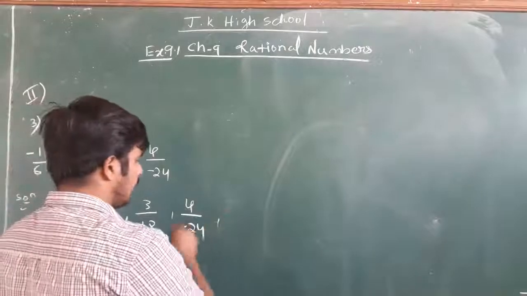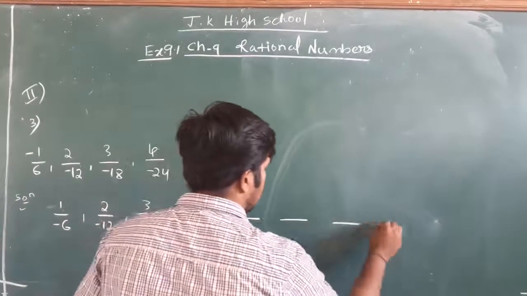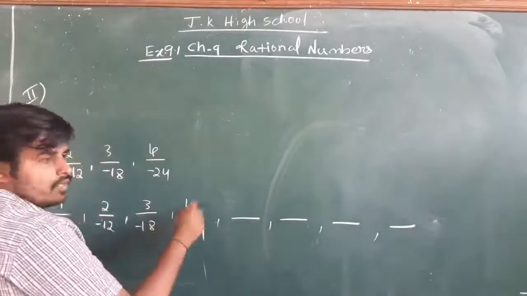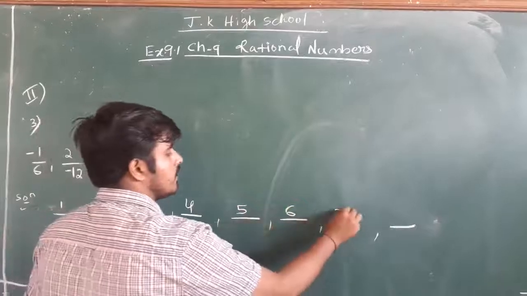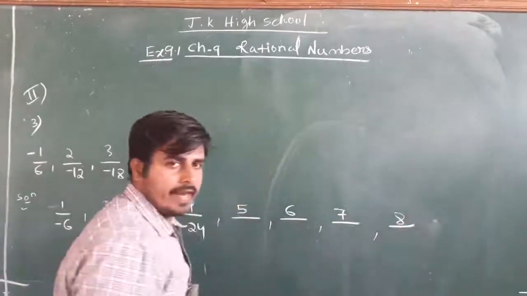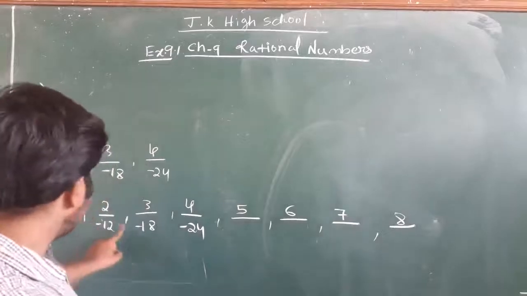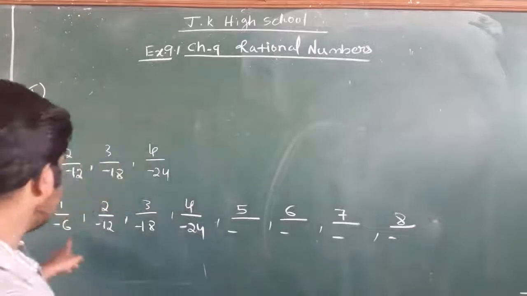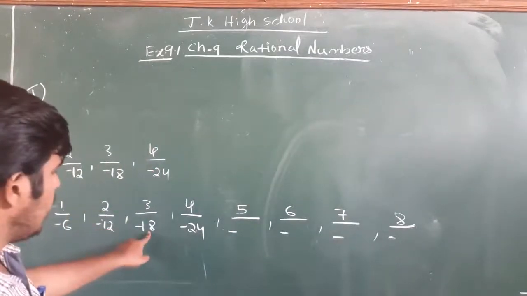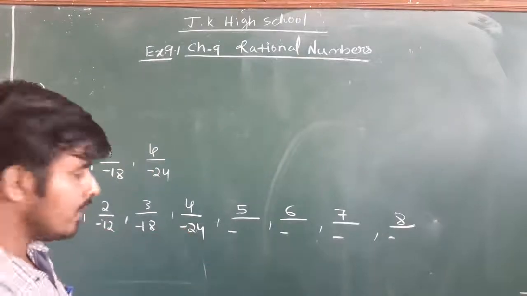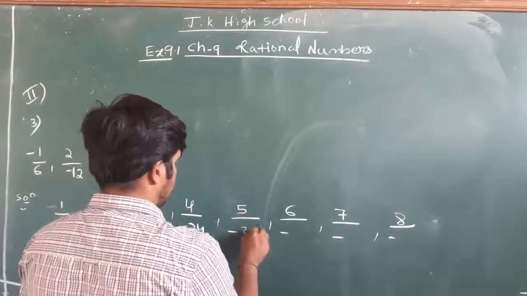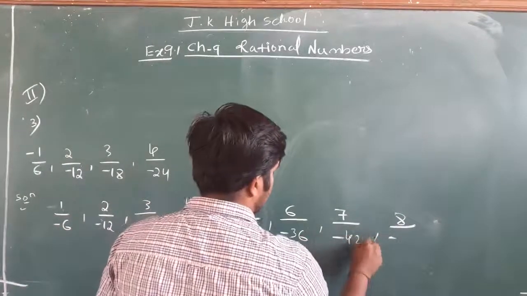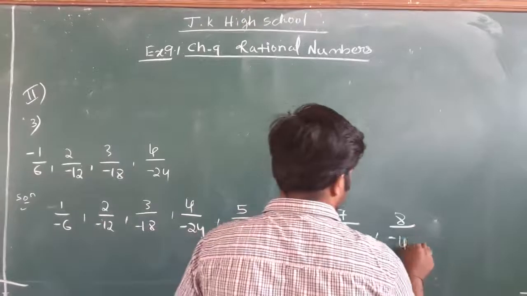Okay, first I will write the numerator, because I want 4 more: 1 fours are 4, 1 fives are 5, 1 sixes are 6, 1 sevens are 7, 1 eights are 8. Now the denominator, minus is there, no? Minus. 6 table: 6 ones are 6, 6 twos are 12, 6 threes are 18, 6 fours are 24, 6 fives are 30, 6 sixes are 36, 6 sevens are 42, and 48.